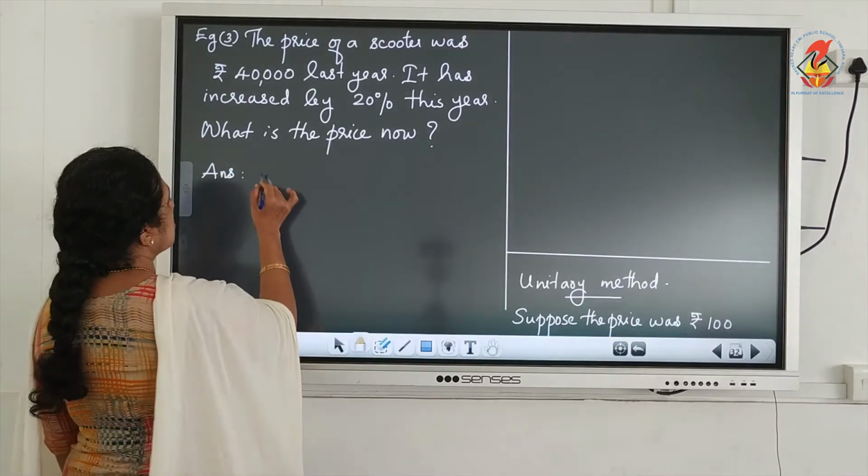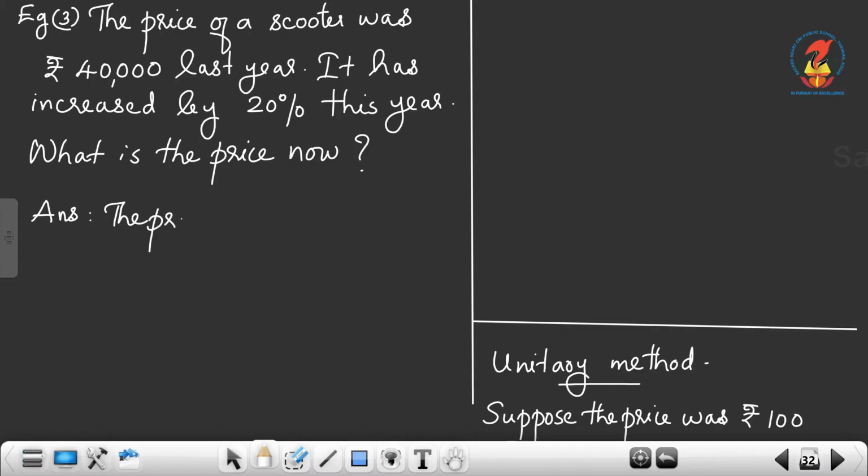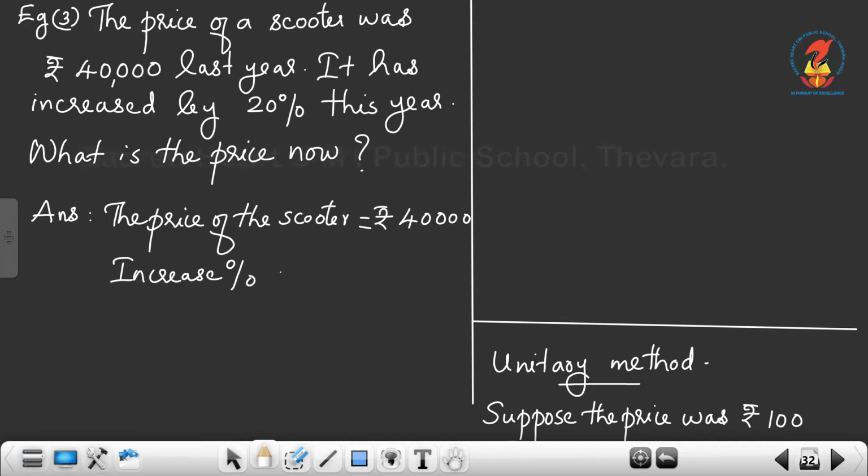Now, what is the price of the scooter last year? Price of the scooter is equal to rupees 40,000. Now, what is the increase percent? Increase percent is 20%. So, 20% of last year's price.